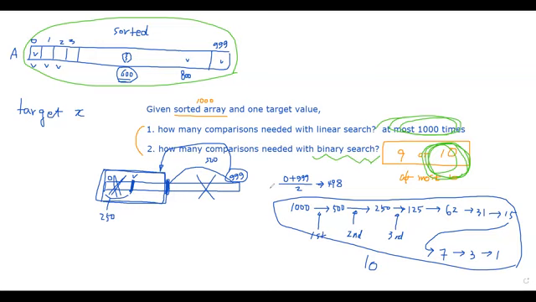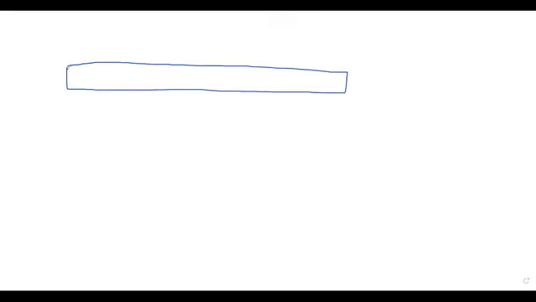Yeah. Okay. And guys, look at this one. If I have 1 million data, then the first data will be at index 0, and the last data will be at 999,999.